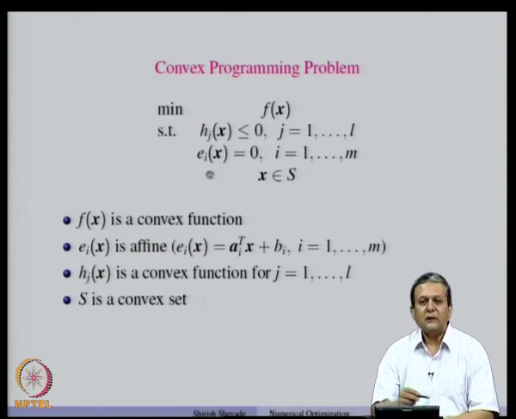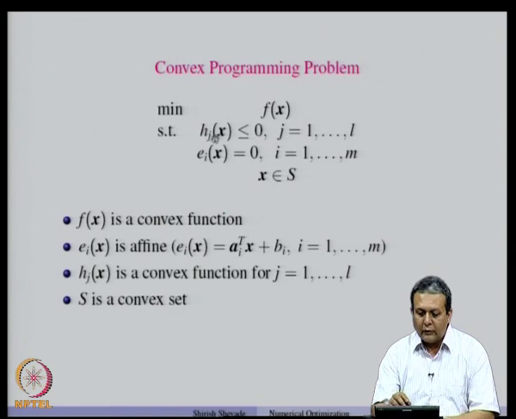So, all the equality constraints are of the type a_i transpose x plus b_i equal to 0, or they are affine constraints. Then the h_j(x) less than or equal to 0 constraint, the inequality constraint, is such that the function h_j(x) is a convex function, and further S is a convex set.